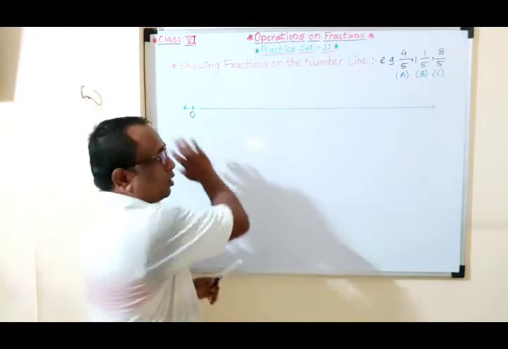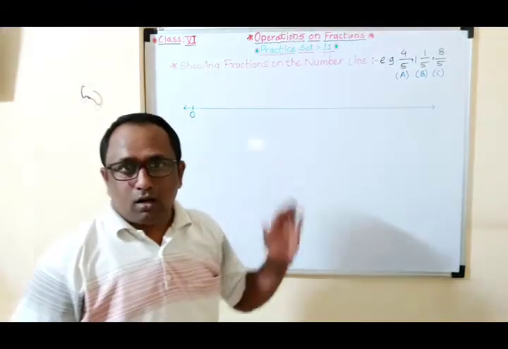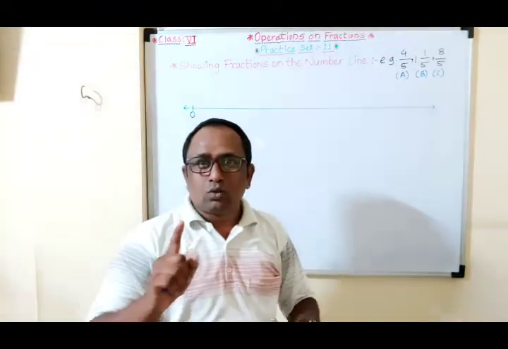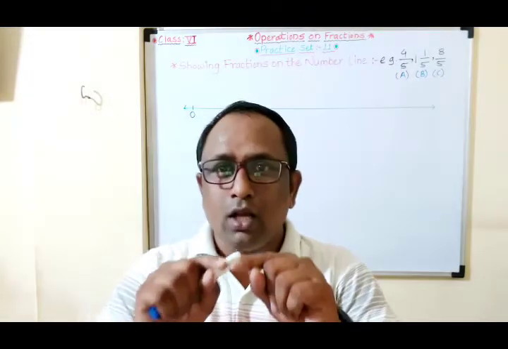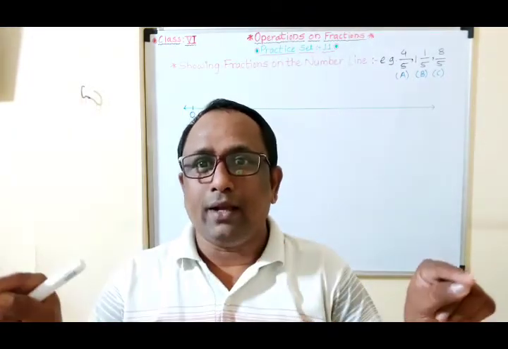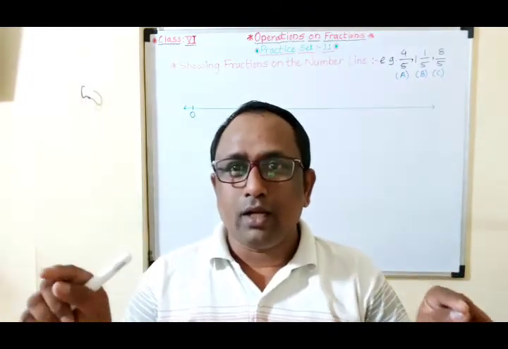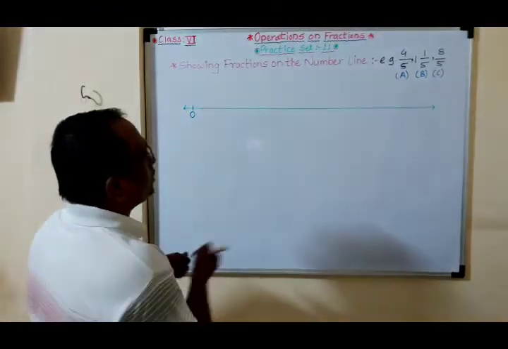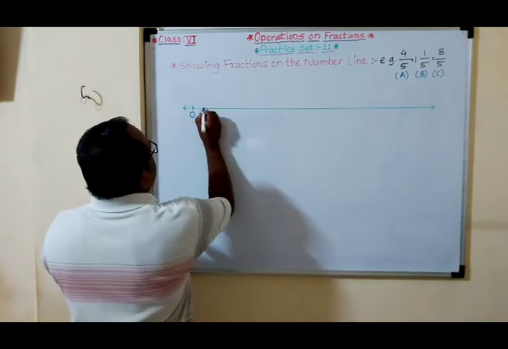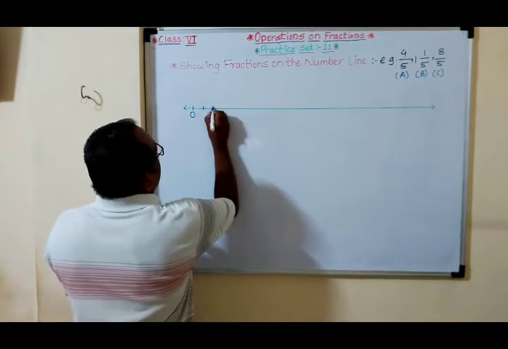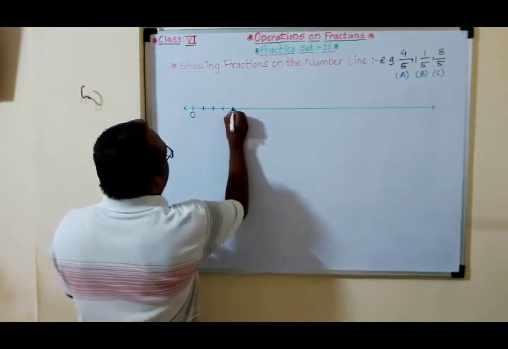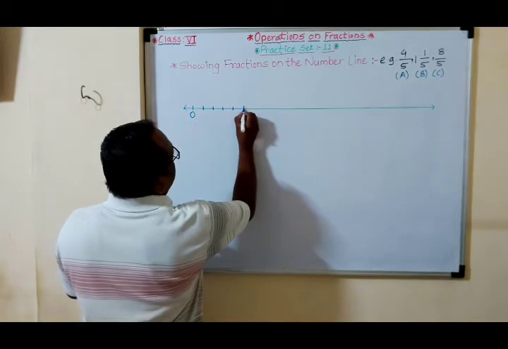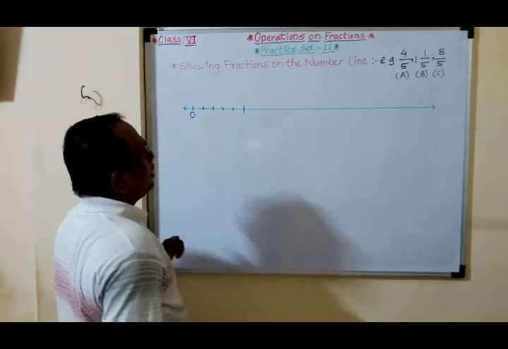First draw a straight line. Always take care, when drawing the line, draw along with the printed line, that is better, so it stays straight. Now 0, after 0 we have to make 5 parts: 1, 2, 3, 4, and make the 5th part bigger.